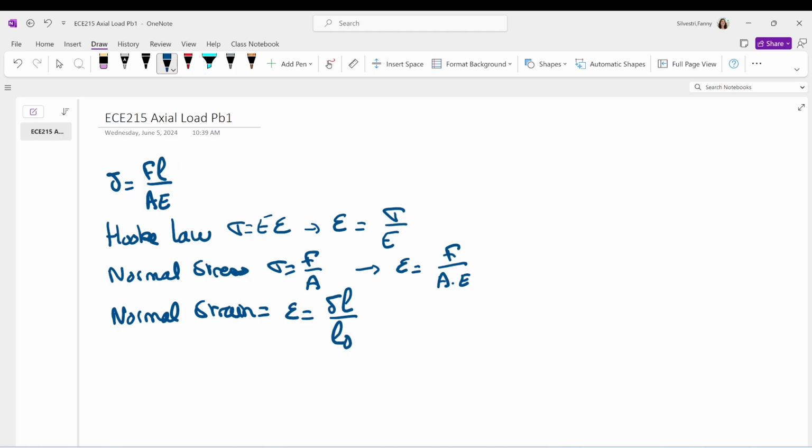So we can write that delta L equals epsilon times L naught, the initial L.